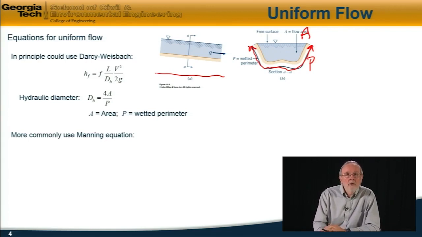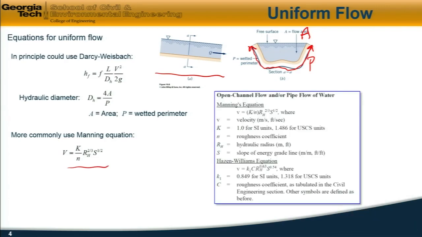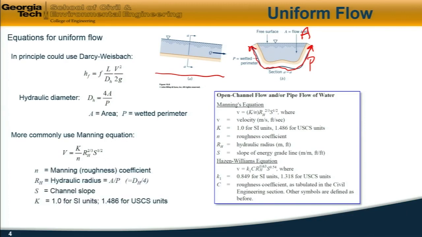More commonly, we use the Manning equation given here, which says that the velocity is equal to k over n, R_h to the 2/3, S to the 1/2 power, and this is the corresponding section from the reference handbook, where in this equation, n is a constant known as the Manning coefficient, or Manning's n.